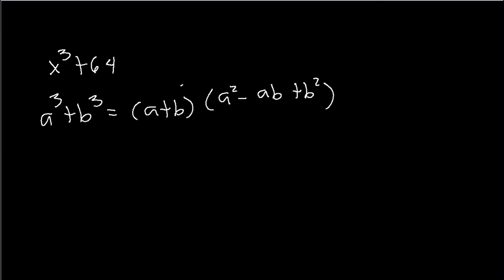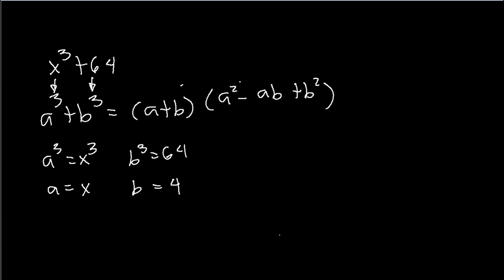Now we can already see that these terms look similar, so we set a cubed to be x cubed and b cubed to be 64. The cube root of a cubed is a and the cube root of x cubed is x. Now the cube root of 64 is simply 4.